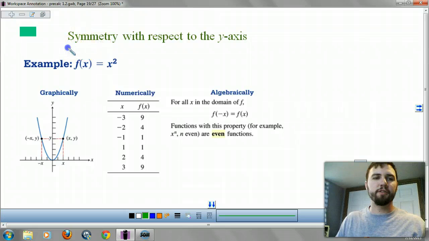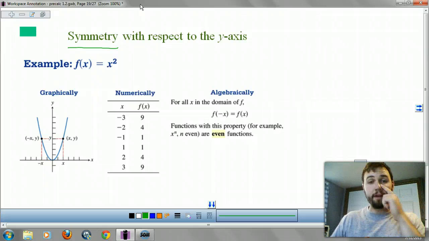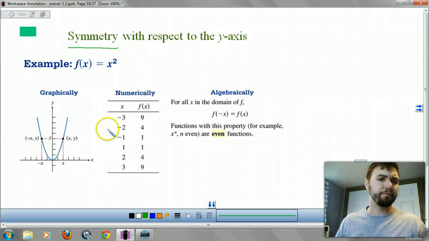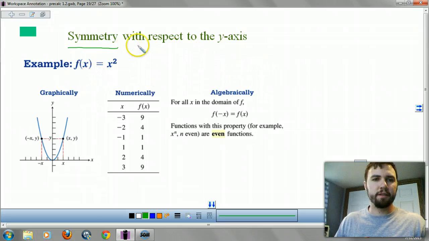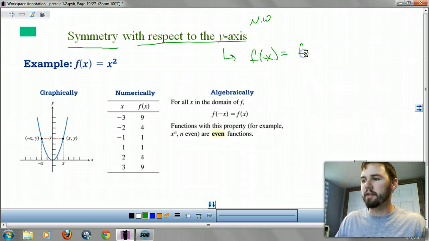Let's talk about symmetry. If something's symmetric, it means you can cut it in half, fold it, and covers itself, right? Right. So, if you are symmetric to the y-axis, what that means is your f of negative x equals f of x.